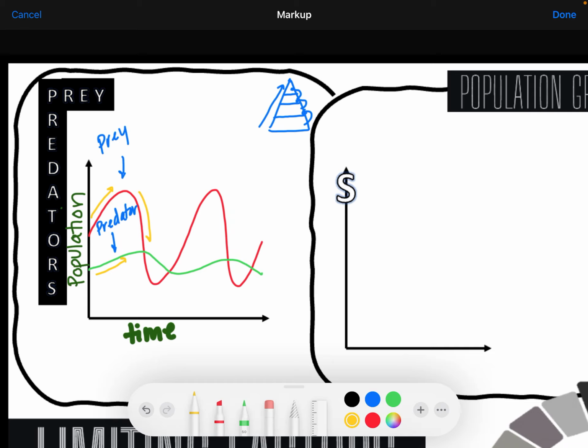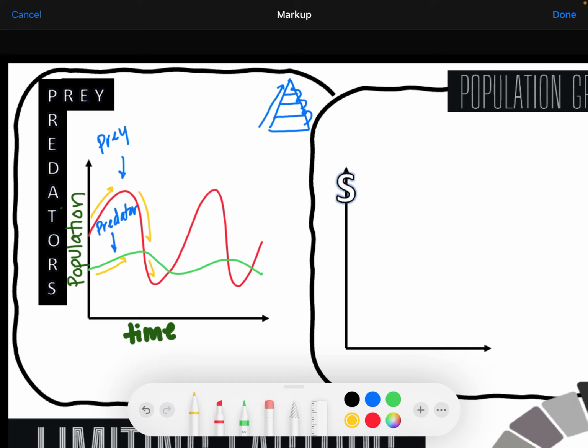Because my population, let's say this is a population of hares, rabbits, and Canadian lynx. The rabbits are going to reproduce really quick, but so follows the lynx, and as they get more, they're going to need to eat more, because remember, the energy pyramid, and we're going to see a decrease in our predators.